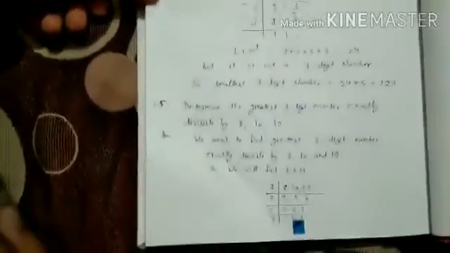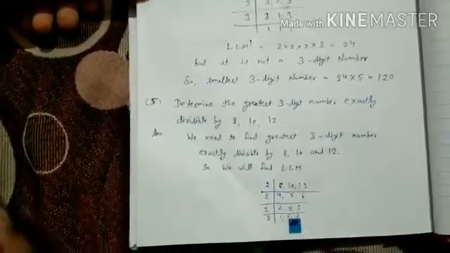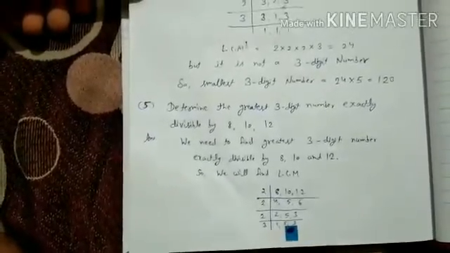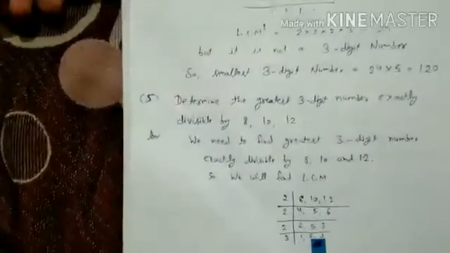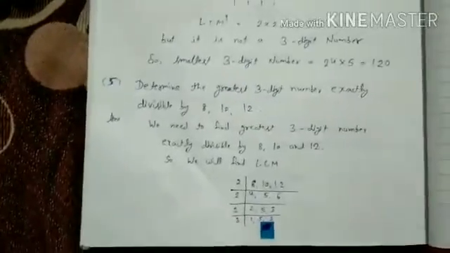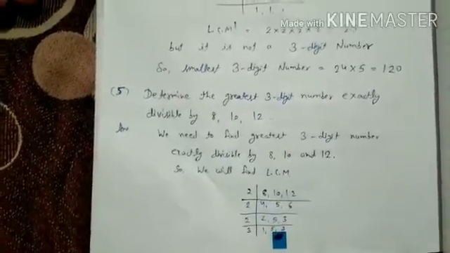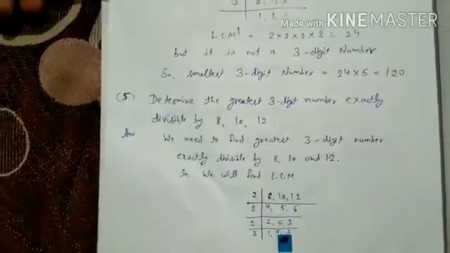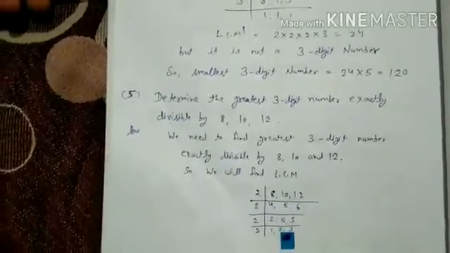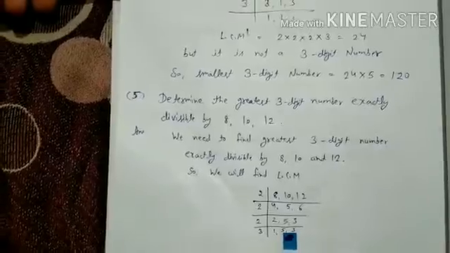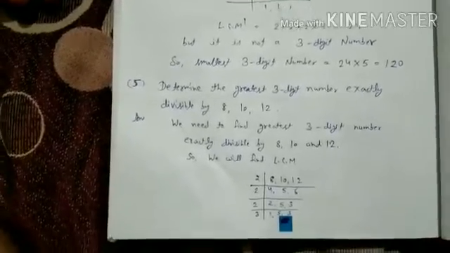In the next problem, determine the greatest 3-digit number exactly divisible by 8, 10 and 12. Students, you can see the word greatest, but there is one more thing. We have to find a number divisible by 8, 10 and 12. Because the problem is about divisibility of 3 numbers, we need to find LCM.